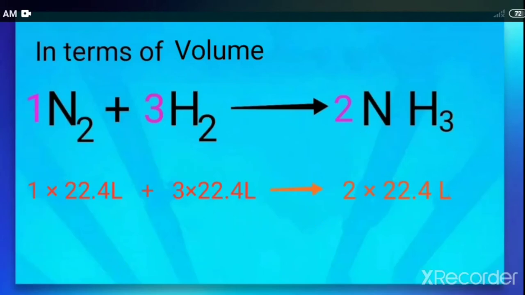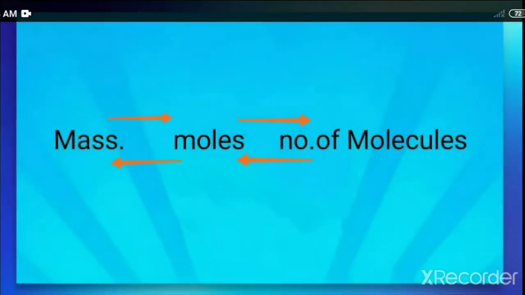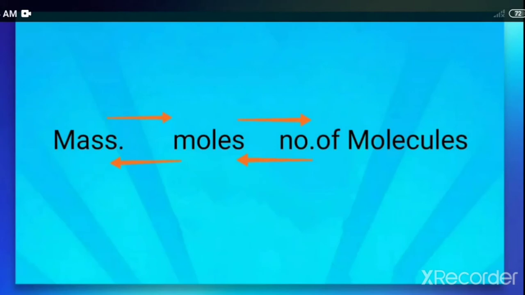So how do you define this one? Once again, 1 into 22.4 liter of nitrogen combines with 3 into 22.4 liter of hydrogen to give rise to 2 into 22.4 liter of ammonia. So in this way we have discussed a chemical reaction in terms of mass, in terms of moles, in terms of number of molecules, and all are exchangeable.